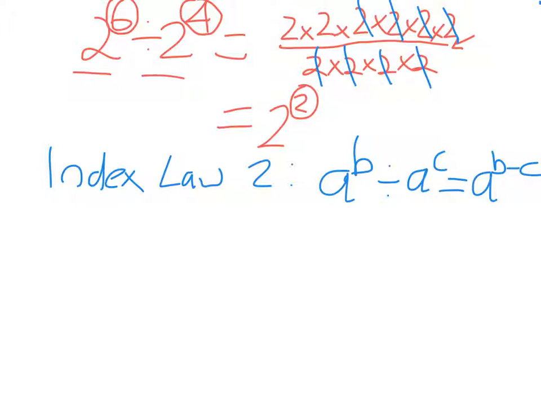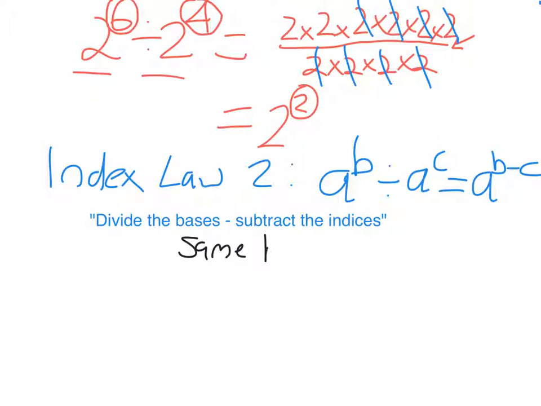So A to the power of B divide A to the power of C equals A to the power of B minus C. So in layman's terms, what I'm saying is if you divide the bases, you subtract the indices. Now again, must be the same base. Only works for our purposes if you are dividing the same base.